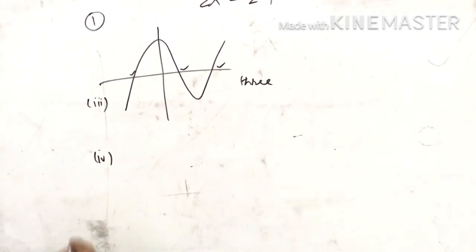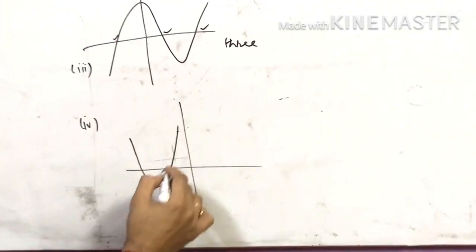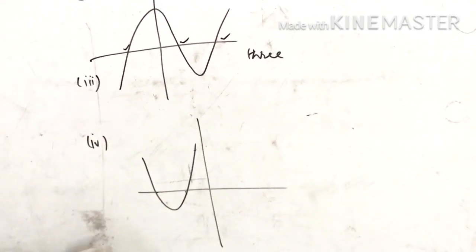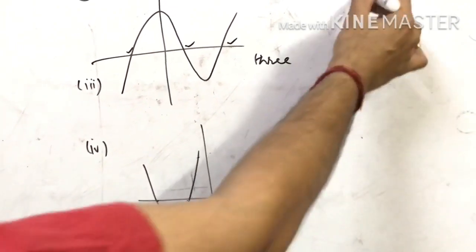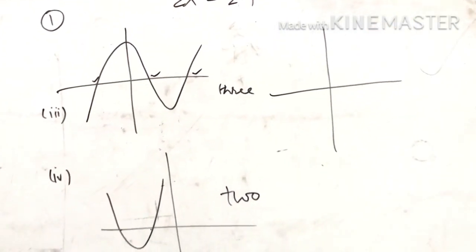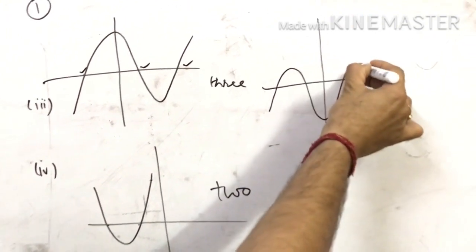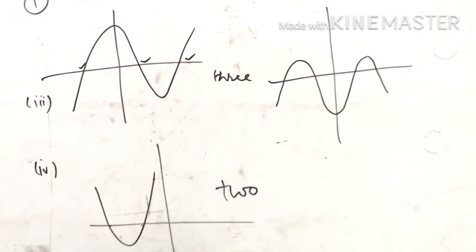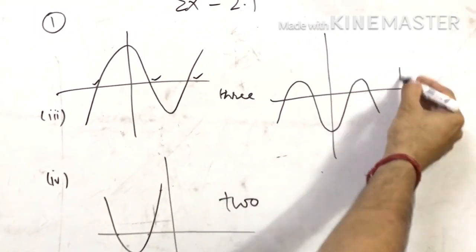Fourth part, so how many points is it touching at the x-axis? 2, so there will be 2 zeros. In fifth part, now you can see 1 2 3 4, there are 4 points where it is meeting the x-axis, so there will be 4 zeros.